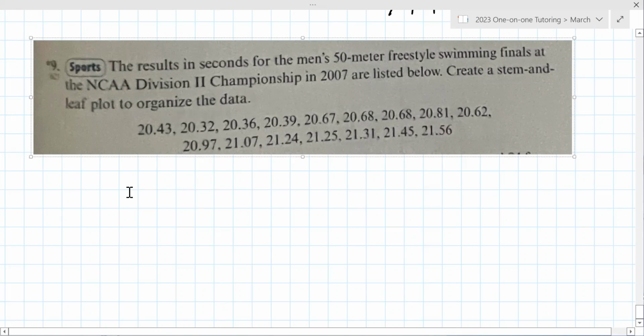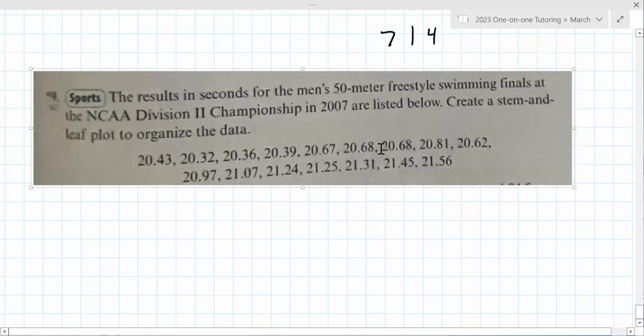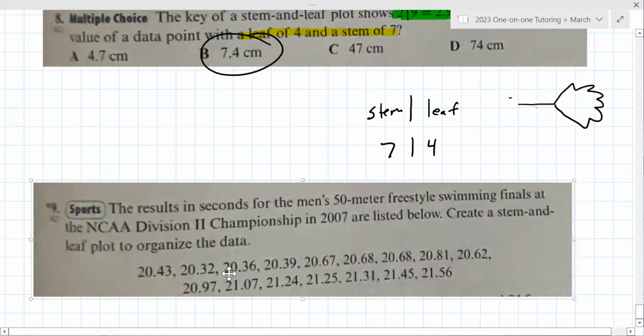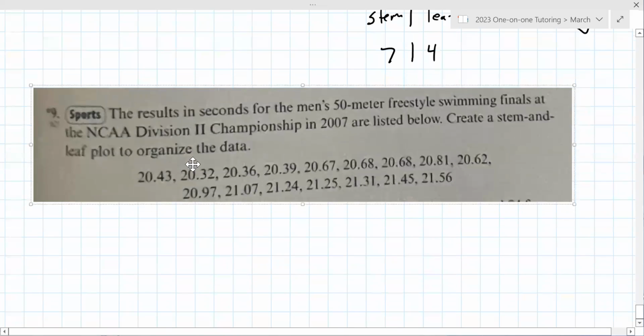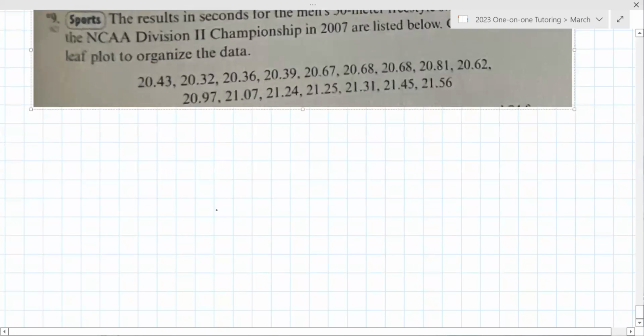You generally only are allowed one digit on the leaf, so that's going to be the second decimal place. So like the 204.3 would be 204 and then a 3. The 20.32 would be 203 and then a 2.